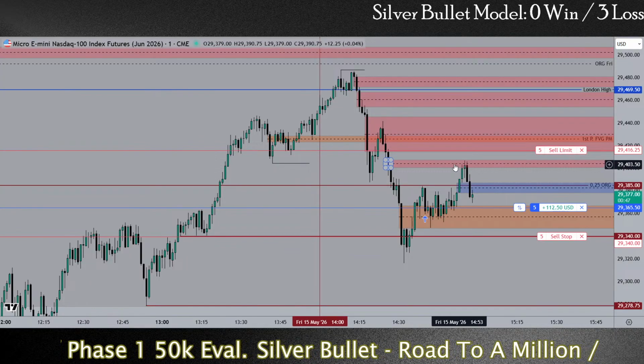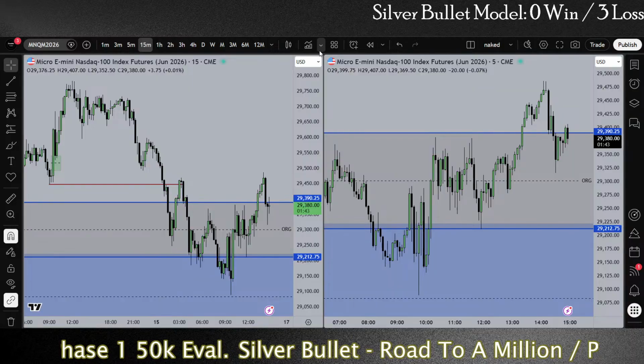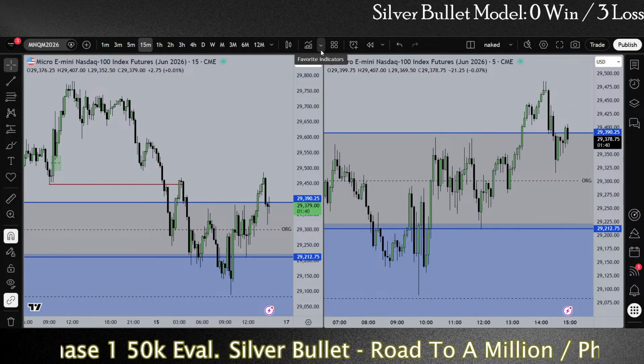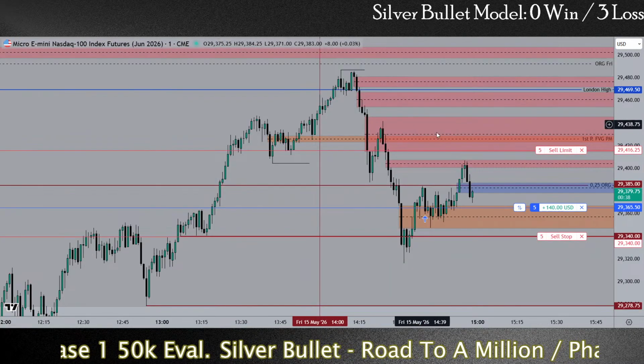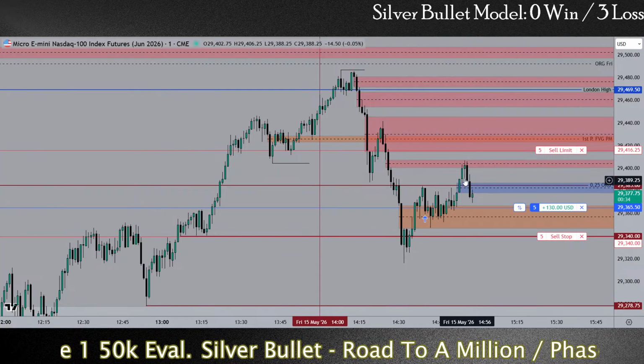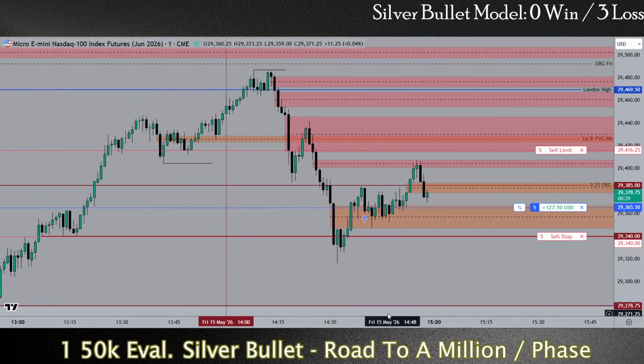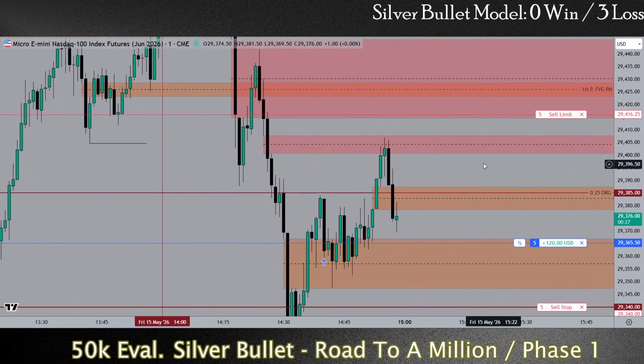All right. This is somewhat problematic. And we need to not use this as inversion, because yeah, we did close below it. I'll zoom in a little bit more.